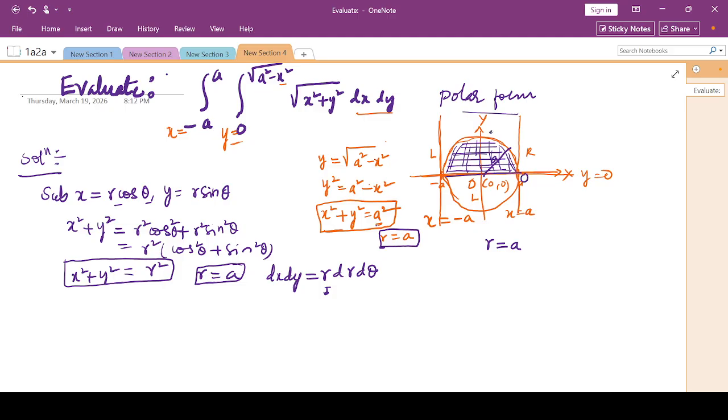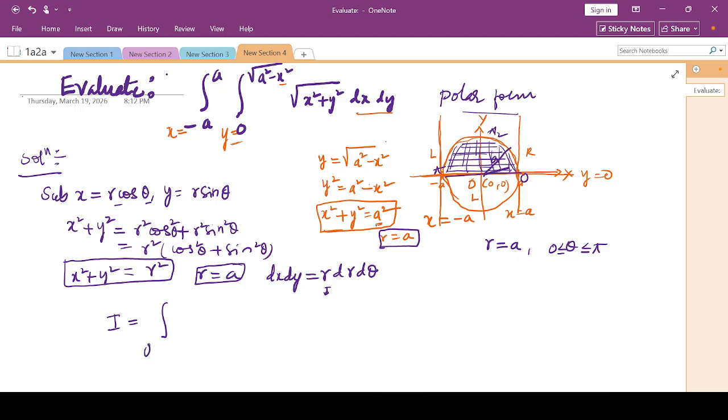Now look at the angle. This is 0, this is pi by 2, this is pi. So theta varies from where to where? 0 to pi. So the new integral becomes, you can write either first r or first theta.